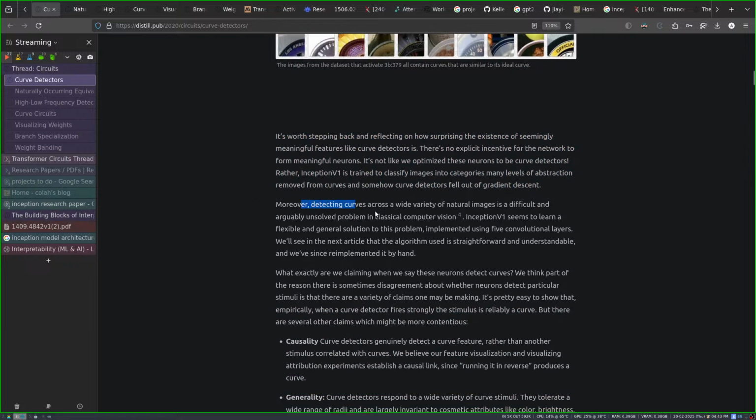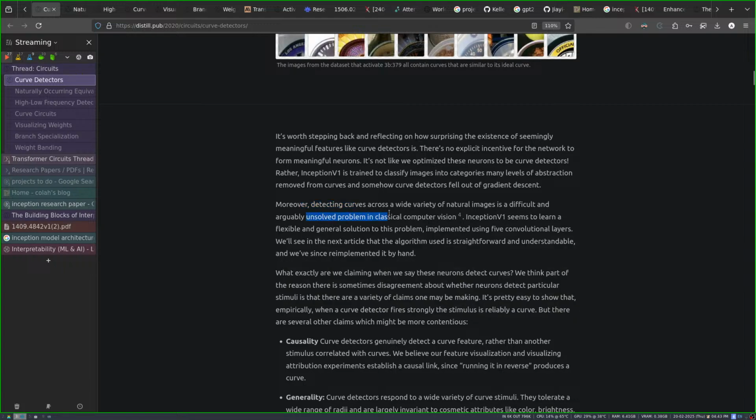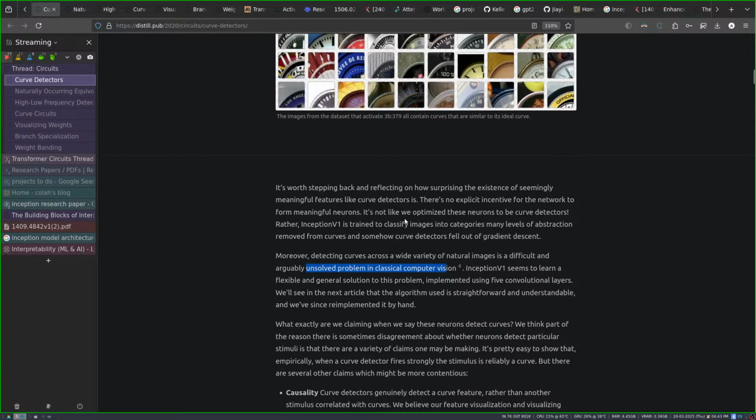While detecting curves across a wide variety of natural images is a difficult and arguably unsolved problem in classical computer vision, the network seems to learn a flexible and general solution to this problem, implemented using five convolution layers. We'll see in the next article that the algorithm is straightforward and understandable, and we have re-implemented it by hand. Wow.